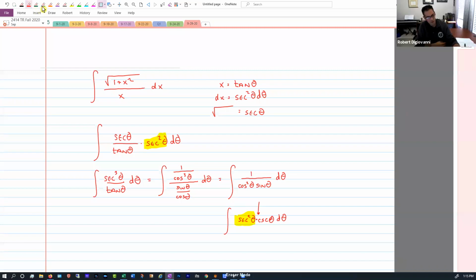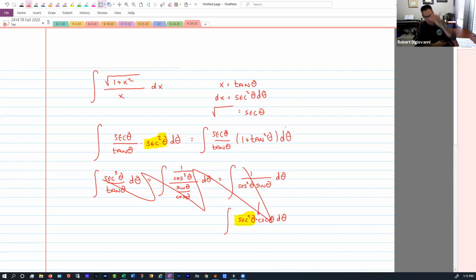Well, let's see. Since we're kind of stuck on this, I'm going to go back to this step, and what's being suggested is that we rewrite that secant squared as 1 plus tangent squared theta d theta. Okay, I'm okay with that. Then what? And then we use the double angle formula.